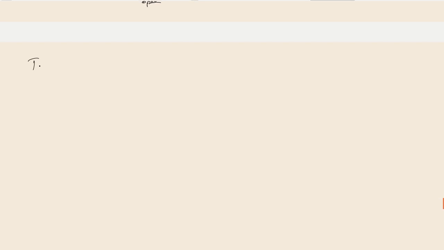Now I promised to give you a tight example for vertex cover that proves that you can't do better with this matching idea. So one example is the complete bipartite graph.